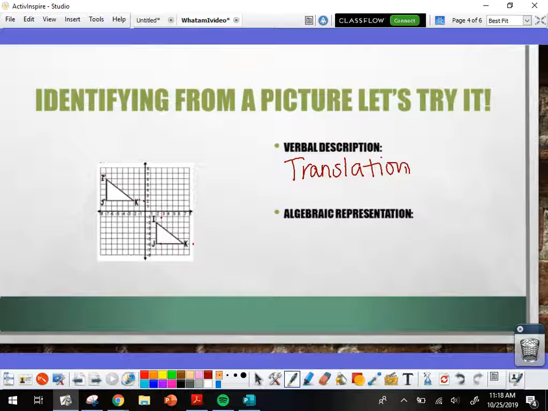We have to see how far it moved. So if I'm just tracking from J to J prime, J went 1, 2, 3, 4, 5, 6, 7, 8, 9 to the left. And then it went 1, 2, 3, 4, 5, 6, 7, 8 up.